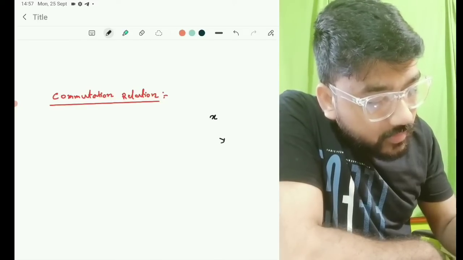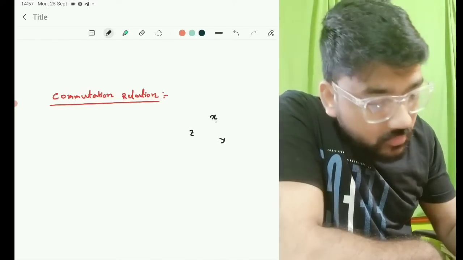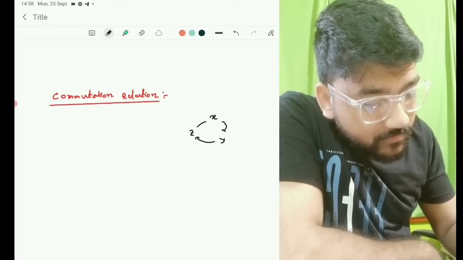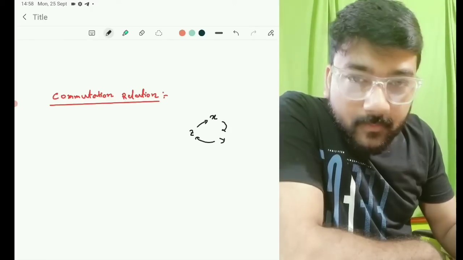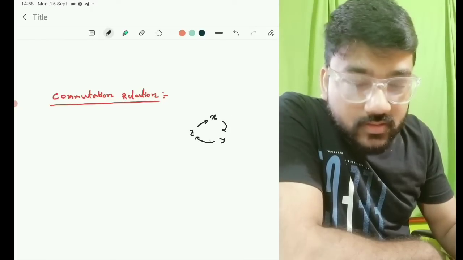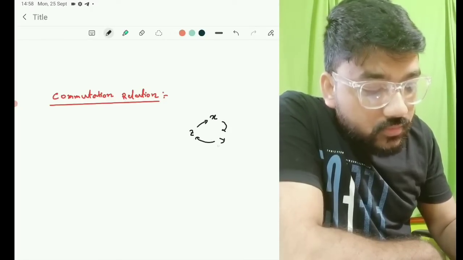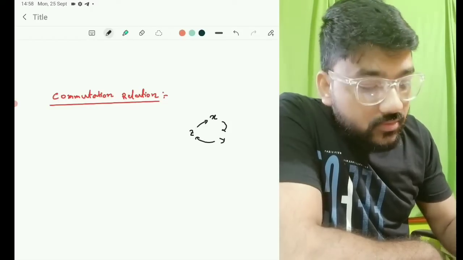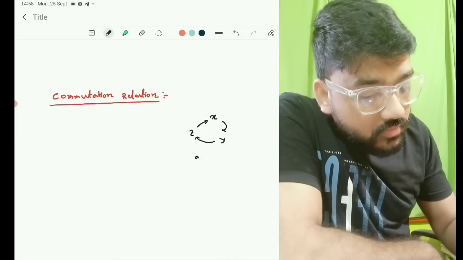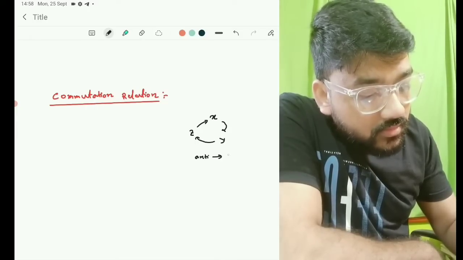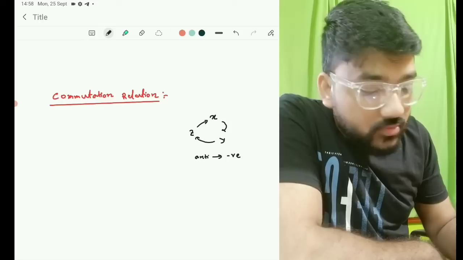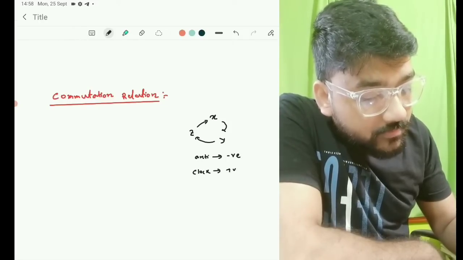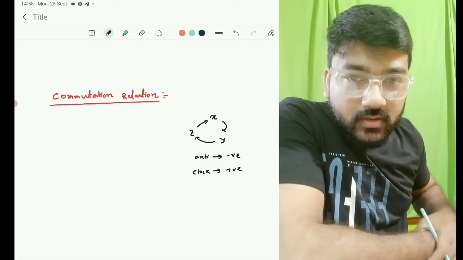If you move in this direction, x to y, y to z and z to x, then this will be positive, this is the clockwise sense. But if you move from z to y, y to x or x to z, then that will be anti-clockwise, so that will be negative. So anti-clockwise will be negative, but for the clockwise sense it will be positive. So we will follow this algorithm.